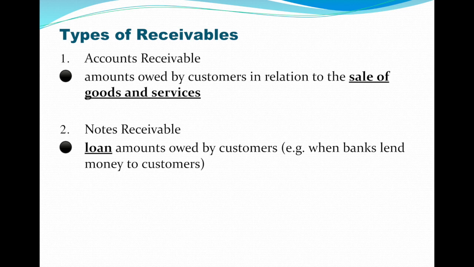And the main difference between accounts receivable and notes receivable is accounts receivables are always made for goods and services, but they're also usually made by either credit or some kind of debit payment, and there's always a fixed duration of around 30 days. So for example, you guys should all have credit cards.